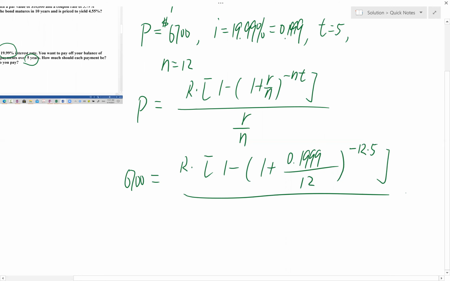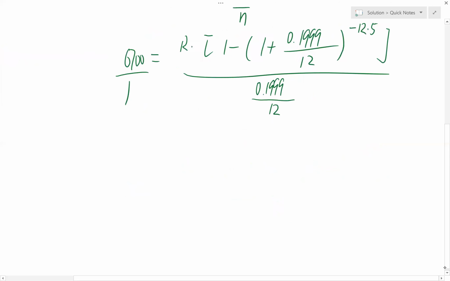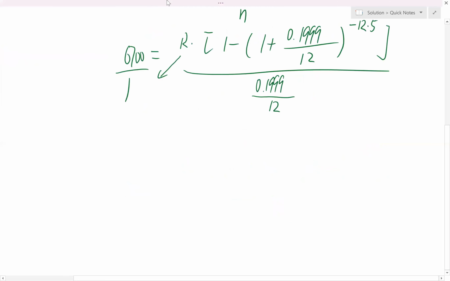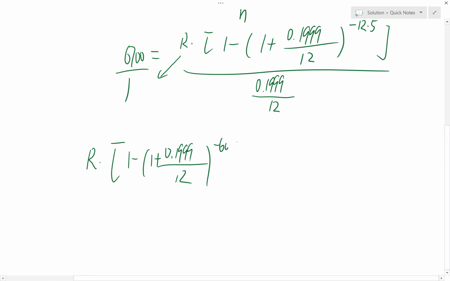Okay. And on the denominator, that's going to be the rate 0.1999 divided by 12. Okay. And now what we do is make it a proportion. And we just cross multiply, right? So R, and then that big square bracket goes to the left. So we get regular payment times the big square bracket. And if you simplify, the exponent is -60. You can do that just to make it look slightly simpler.